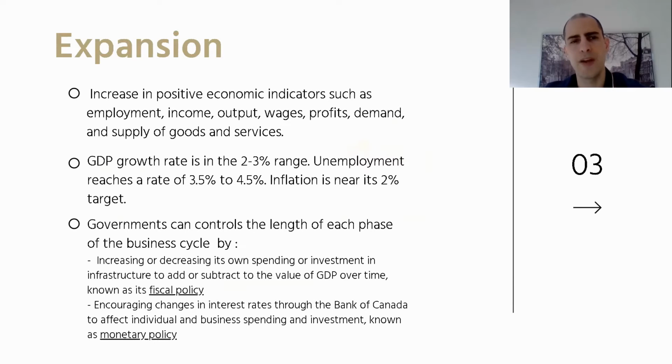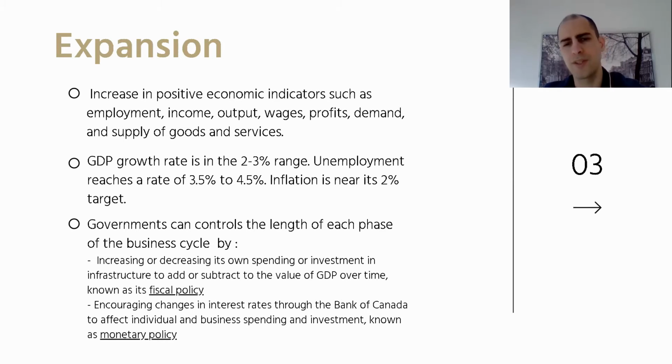Typically, governments measure the different phases of the economical cycle using the GDP, the gross domestic product. And in this case, a GDP rate of 2 to 3% is typical of the expansion phase. Now, unemployment reaches a rate of about 3.5 to 4.5%, which is very low for this stage. And inflation is also low at 2%.